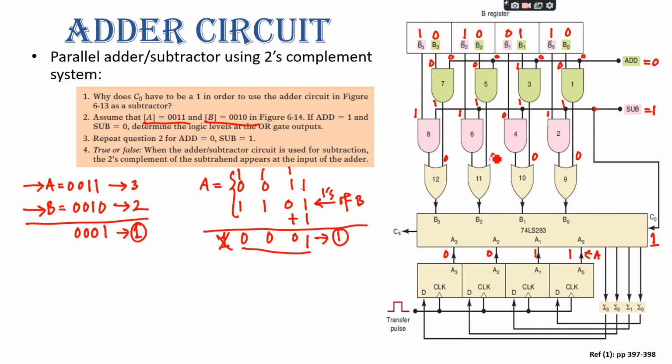So the output of the AND gate 2 4 6 8: 1 and 1 gives you 1, 1 and 1 gives you 1, 0 and 1 gives you 0, 1 and 1 gives you 1. So if you make the sum of it, 1 plus 0 gives you 1, 1 plus 0 gives you 1, 1 plus 0 gives you 0, 1 plus 0 gives you 1.